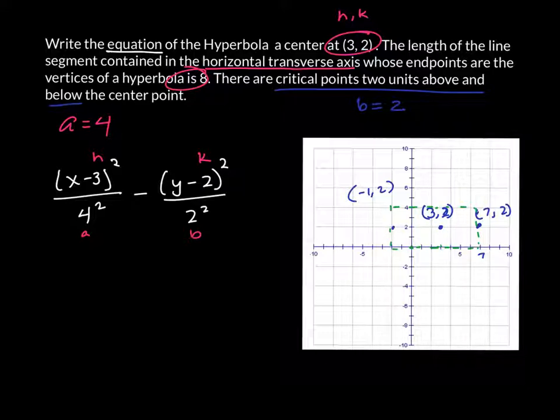The slant asymptotes help guide drawing it through the corners of those boxes. And therefore, I just have to go through and, from the vertices, draw in my hyperbola.